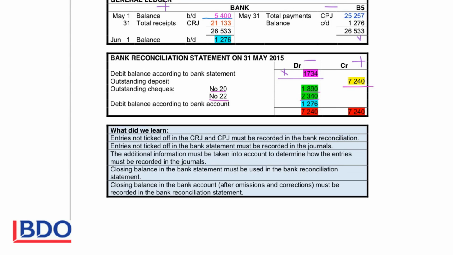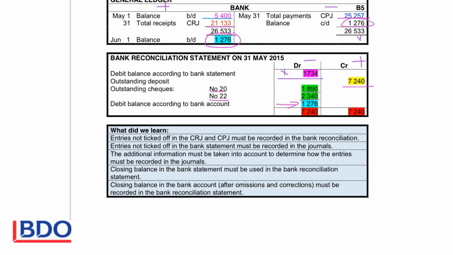So I will debit the bank account with the total receipts, I will credit the bank account with the total payments, and I will calculate the balancing figure, adding up the debit side, subtracting the credit side, and now this total balance that I've got, the 1276, is the amount that I must show in my bank reconciliation statement on the debit side. It will always be shown on the same side as that it appeared in the ledger.